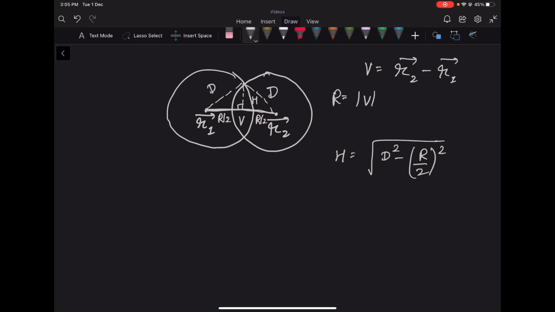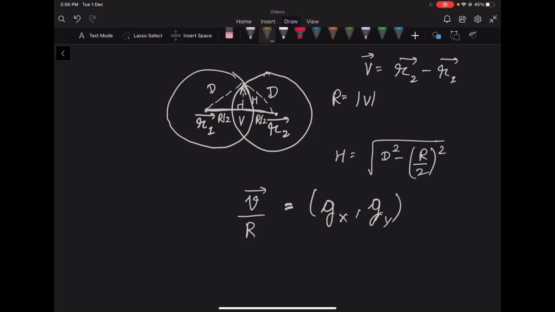Now we have the V vector. So let's make the V vector a unit vector. We'll divide the V vector by R to make it a unit vector, since its modulus is R. Now let's call the components of this vector gx and gy, that means the x component and the y component. So now we are trying to find this perpendicular vector.